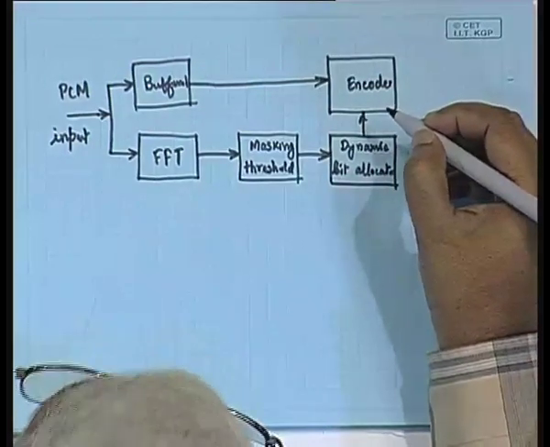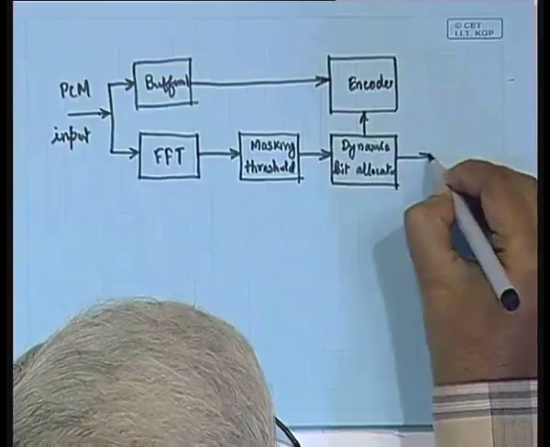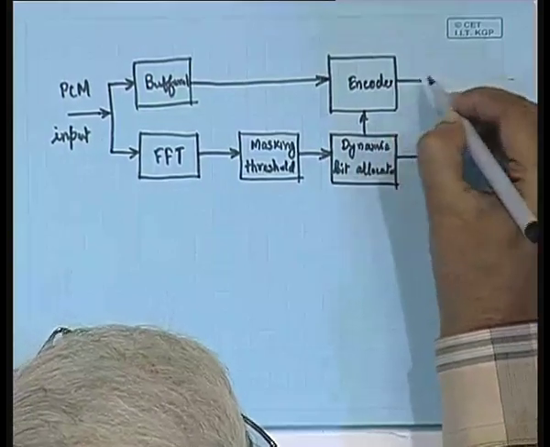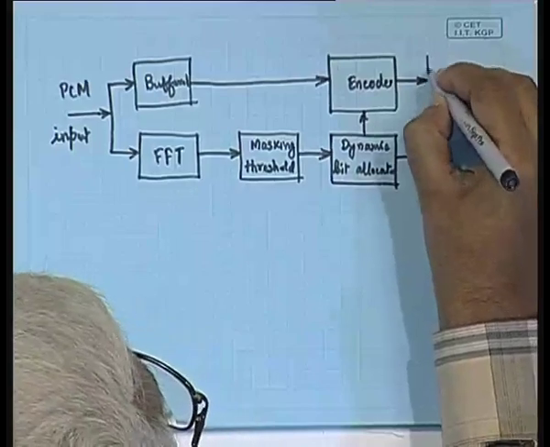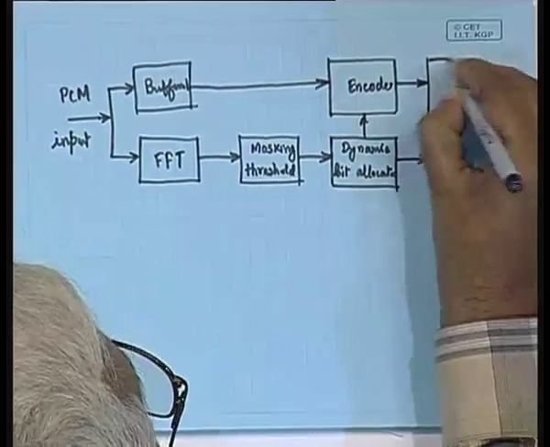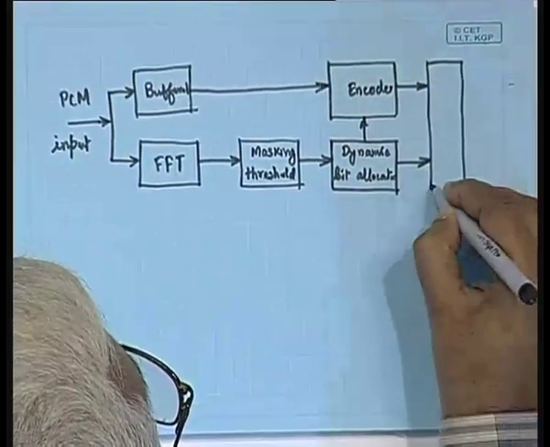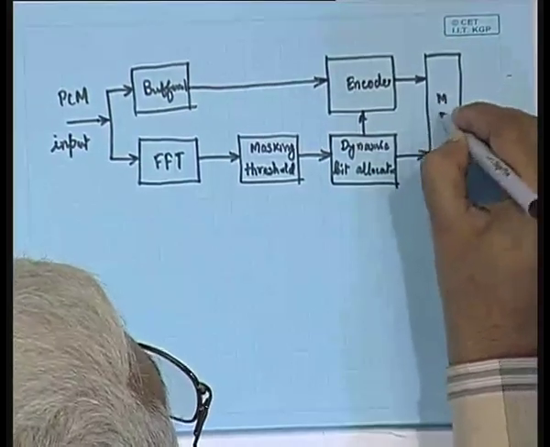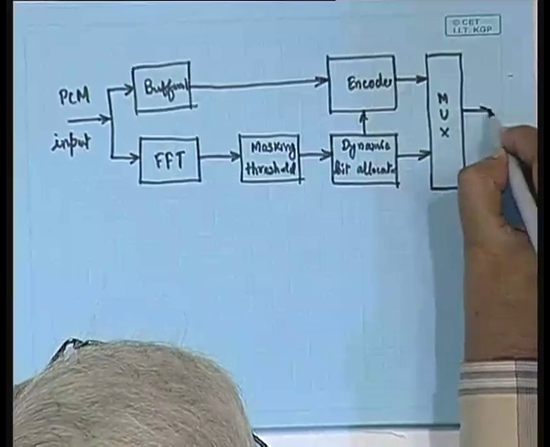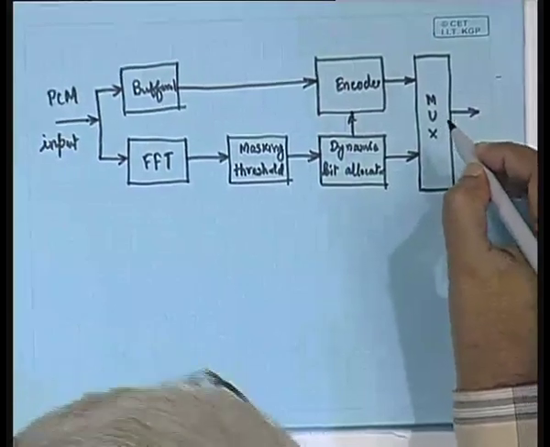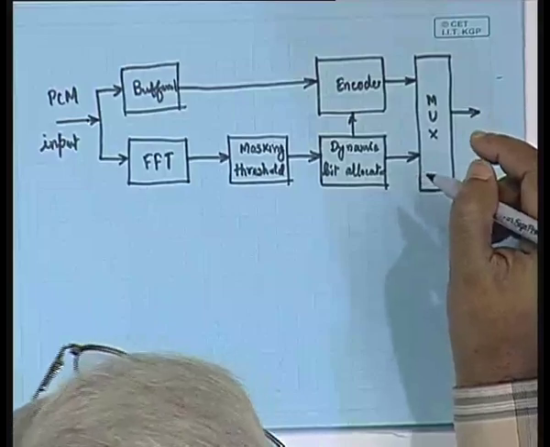Now, when the information goes into the channel, not only the dynamic bit allocator information but also the encoded samples, that is, the encoder bit information, should go into the bit stream. So, we must have a multiplexer, and the multiplexed output will be fed to the channel.